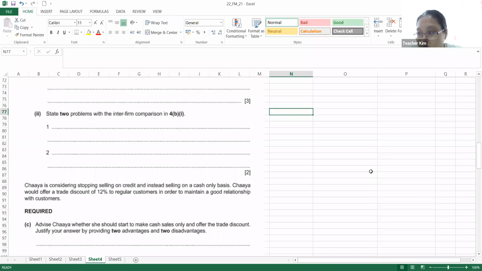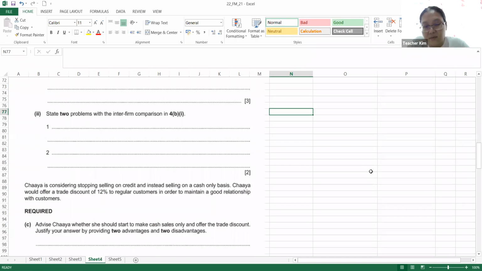So for inter-firm comparison, we need to think about the size and the location. Because they say this one is a main competitor, they should be in the same location. The size we don't know because they didn't mention it, but normally it's a sole trader, and sole traders should be about the same size.